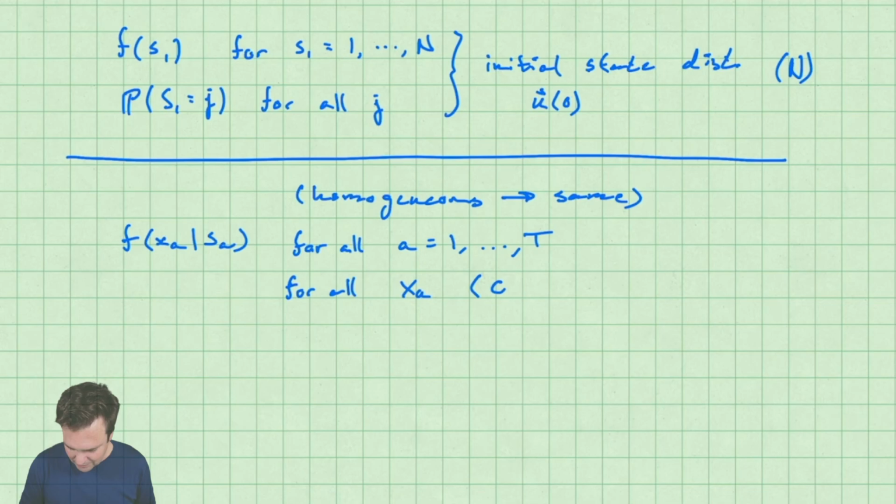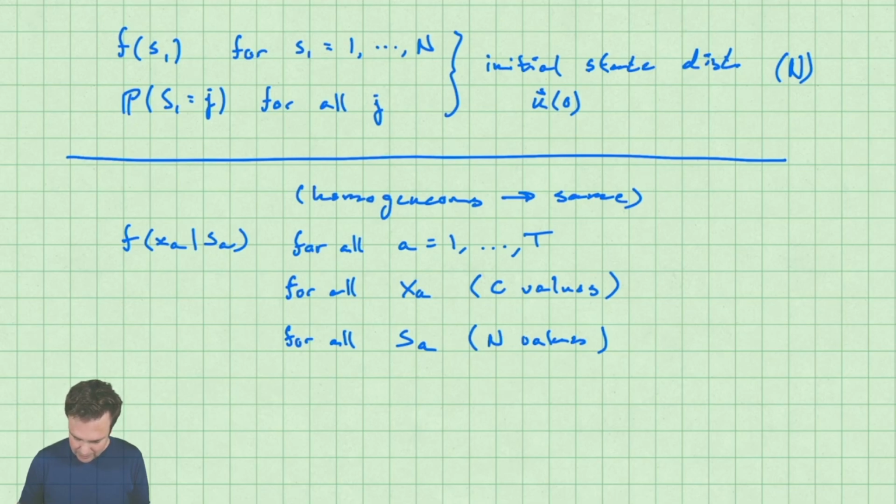So let's say there are like c values of those. It could be continuous, in which case it's a little bit messier somehow. But yeah, and then you need this for all sa. And how many of those are there? Those are the values of the state dependent process, so this is n different values.